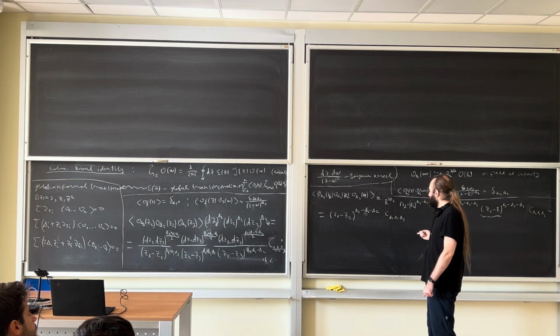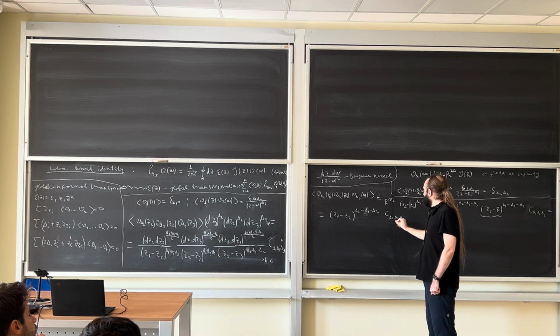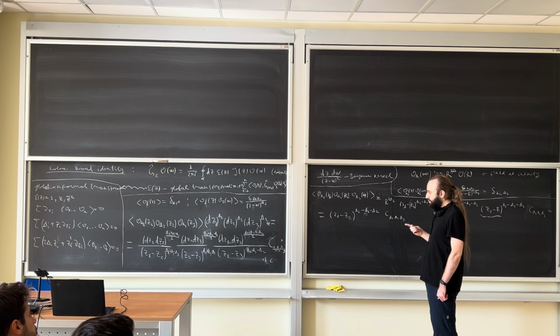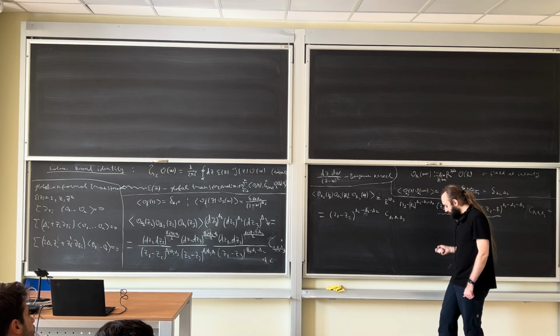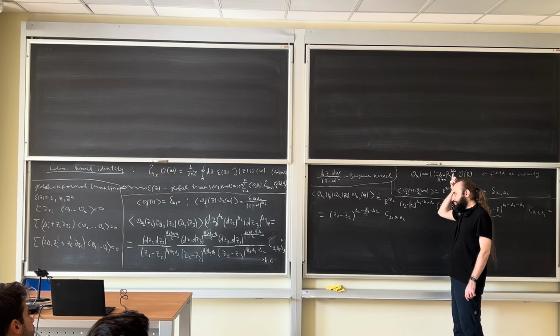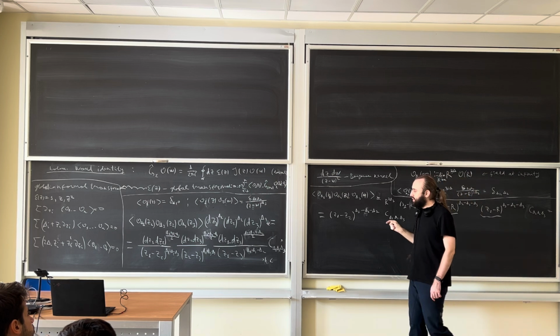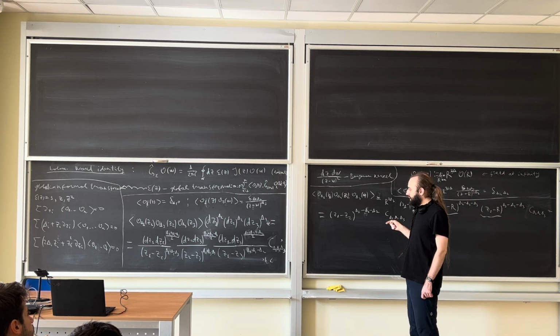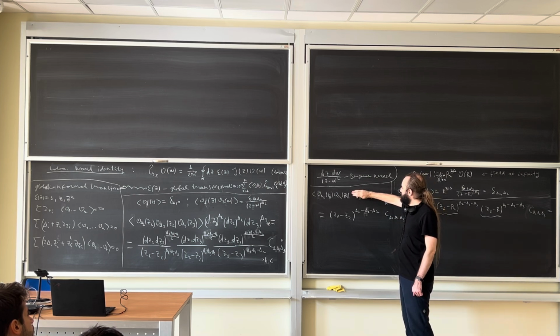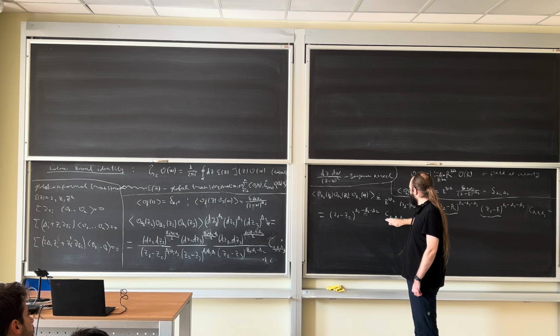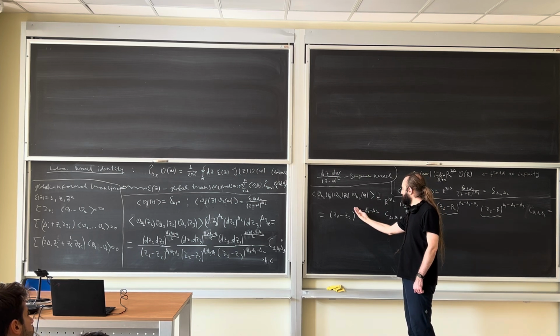You can also check what happens when we substitute a field with dimension 0. A field with dimension 0 is the identity operator. There can be some exotic topological theories where there are more fields with dimension 0, but usually it is just the identity operator. If it is identity, then it will disappear from the correlator, and we will see the usual formula.